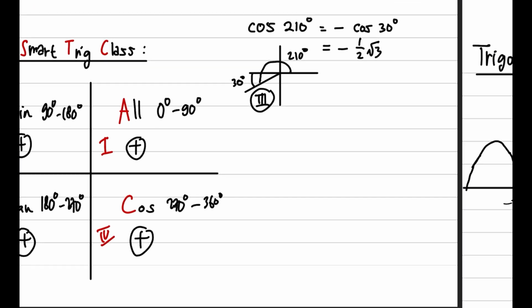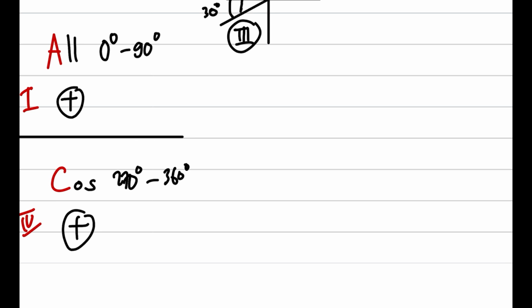You can apply this to find negative values, for example sine minus 60 degrees. If you draw the angle, it's around here because we go clockwise for a negative angle. So this is negative 60 degrees.